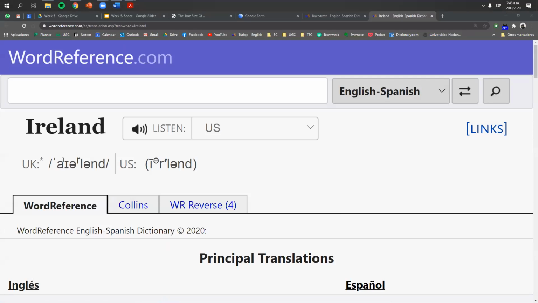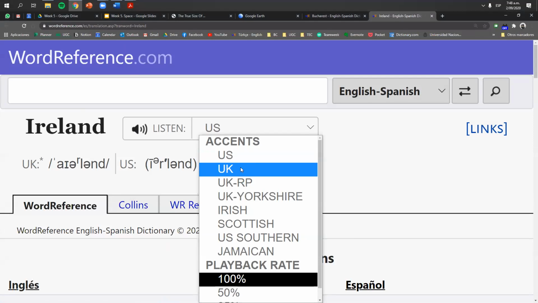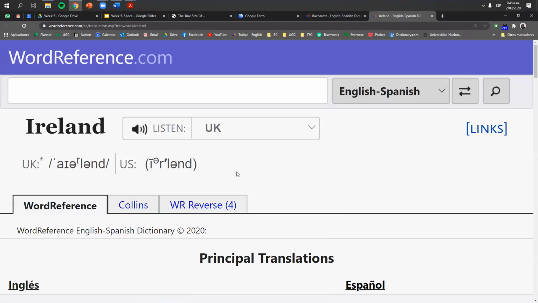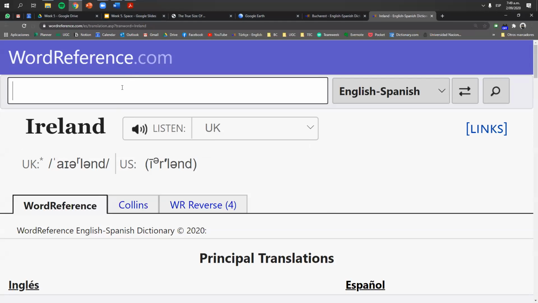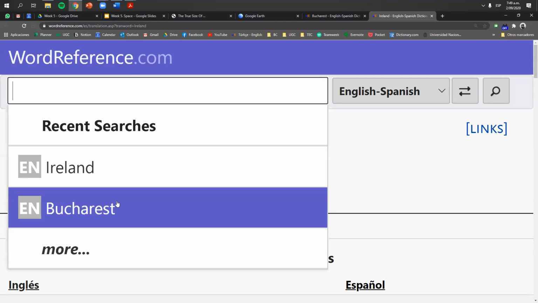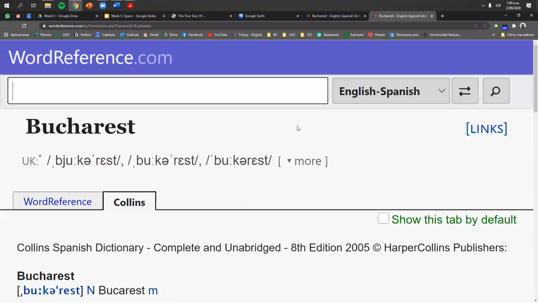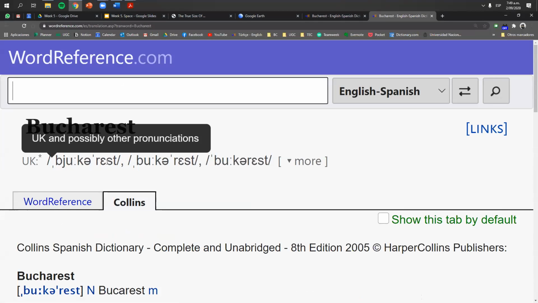So this sort of apostrophe marks the stress. For instance, this one. Oh no, we cannot listen, but we can see the stress. It's Bucharest. You see, Bucharest, because the stress mark goes here.